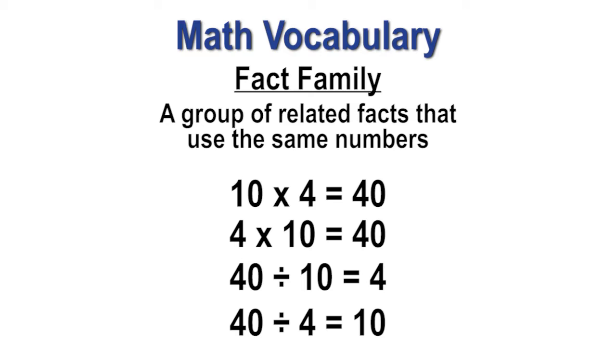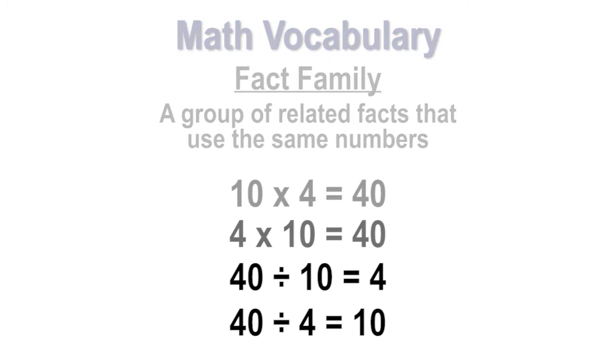A fact family is a collection of multiplication and division facts made with the same numbers. The fact family for our arrays are 10 times 4 equals 40, 4 times 10 equals 40, 40 divided by 10 equals 4, and 40 divided by 4 equals 10.